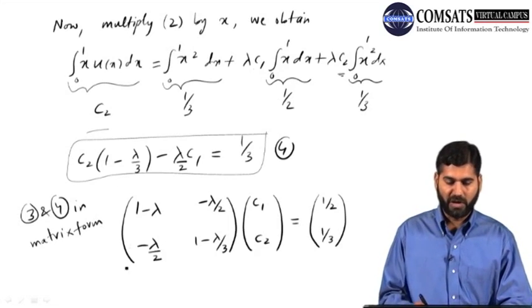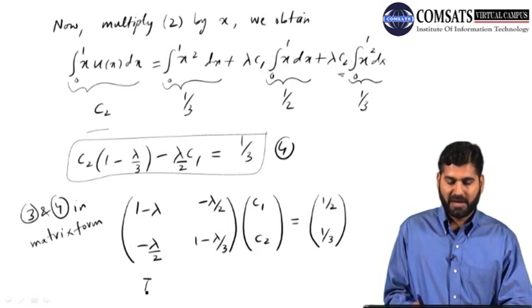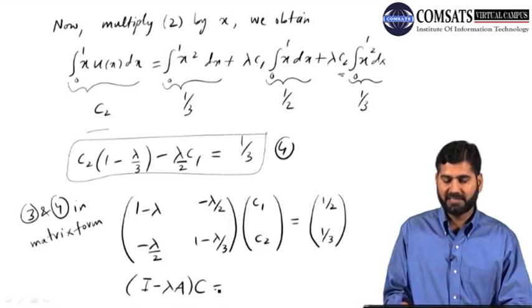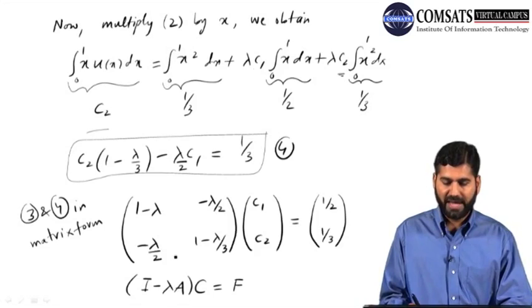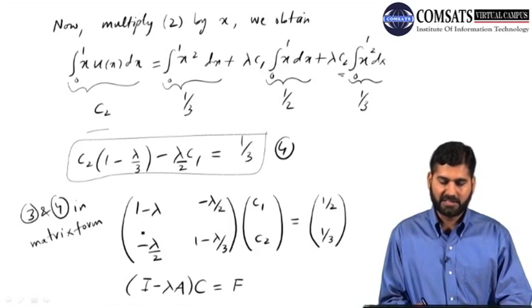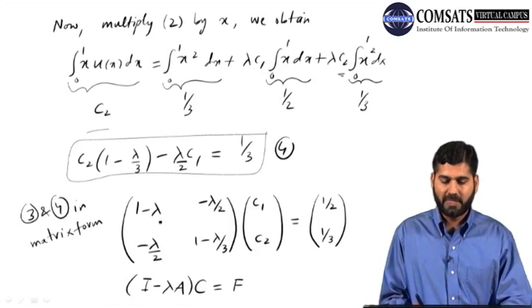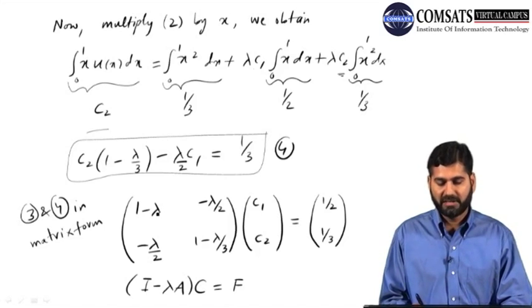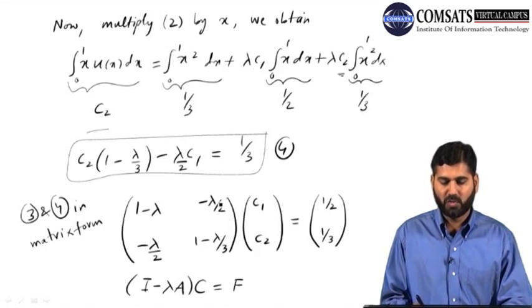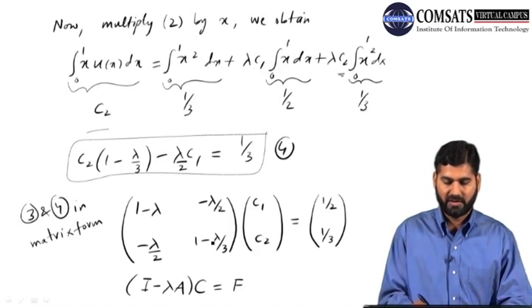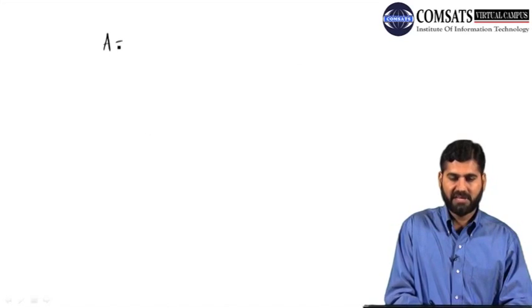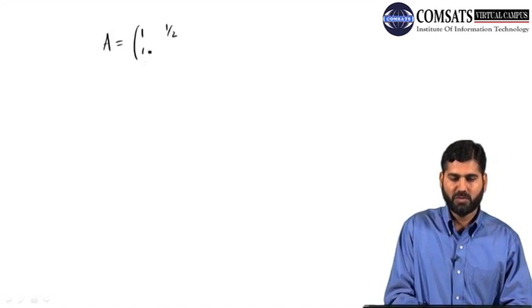Alright. So if you want to write this in that notation, which was I minus lambda A times C, then what is your A? I is 1 0 0 1. It's very clear. The coefficients of lambda give you A. So your A is basically 1, 1 by 2, 1 by 2, 1 by 3.